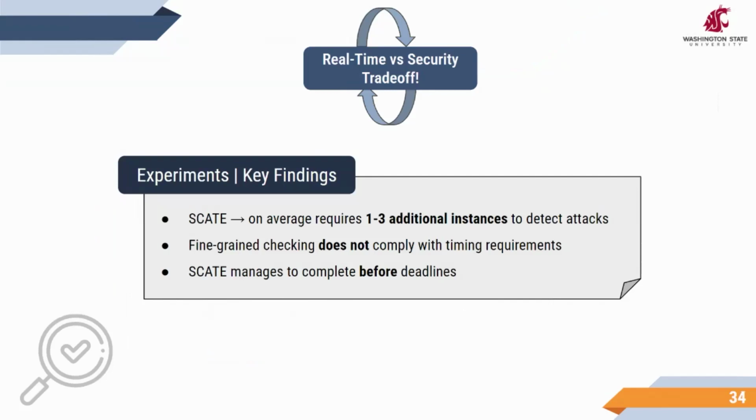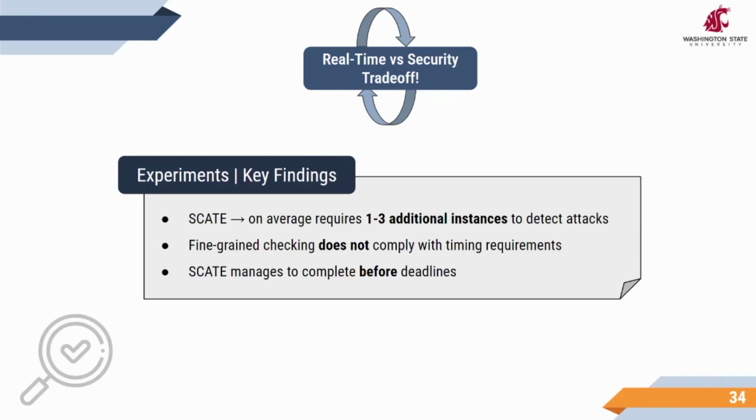So what we observe in this paper is that we are finding a way to provide a trade-off between real-time and security guarantees. For better security guarantees, it would be ideal if we can check all the commands in the system, right? Ideally that would be the best case, but we cannot do that because of the additional timing constraint we have.